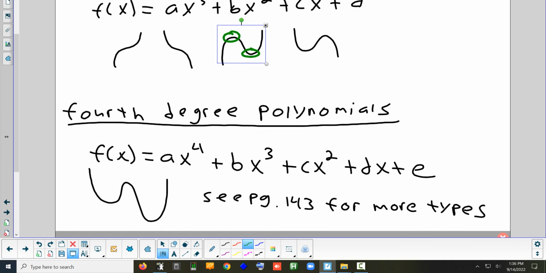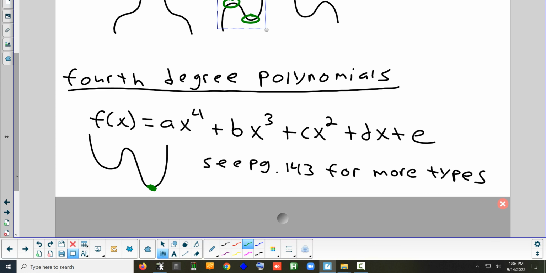So when you want to find the range, because it's even, this particular one has a minimum, but it'll go up forever from there. It could also have a maximum and go down forever. But an odd one goes up and down forever, does both.